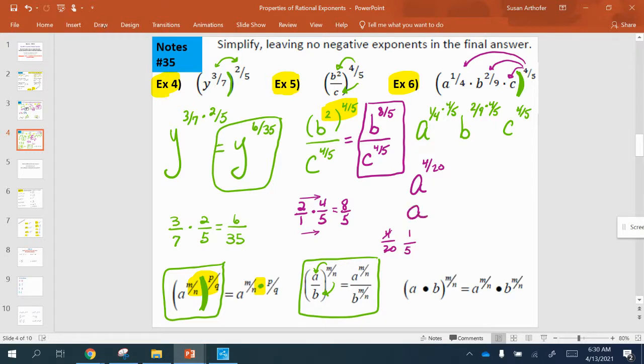So our final answer is A to the 1/5. Okay, the next one, B. 2 times 4 on the top is 8. 9 times 5 on the bottom is 45. 8 and 45 cannot be reduced, so that's the final answer for B. And then the C to the 4/5 just comes down.